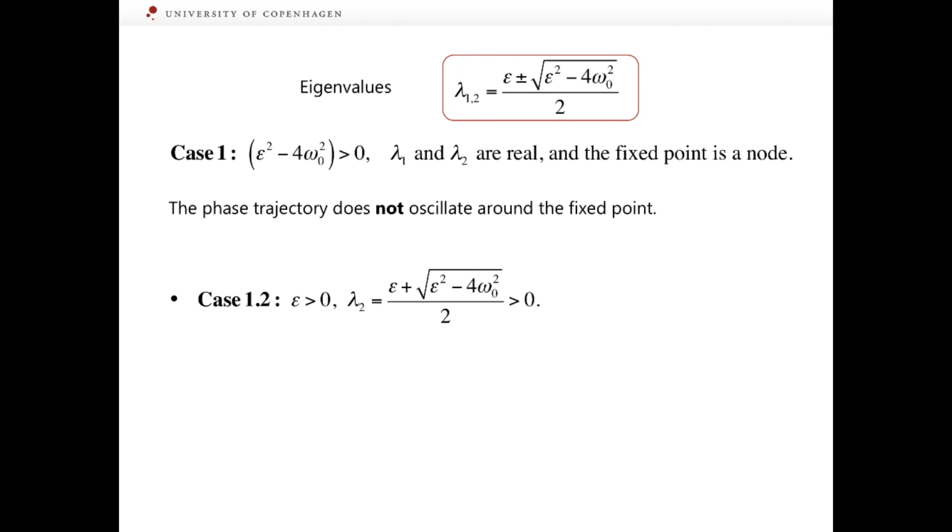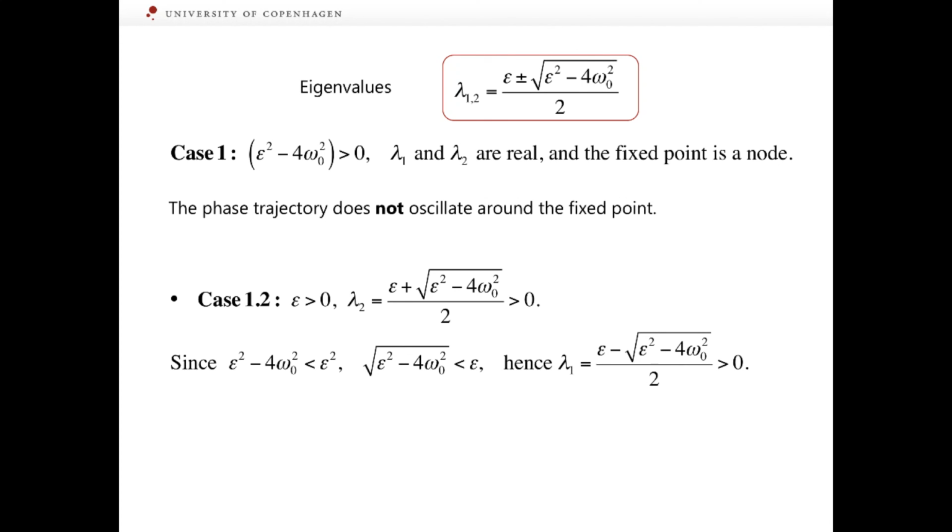If you look at the formula at the top of this slide, to form the first eigenvalue, we need to take epsilon, which is positive, and to subtract the square root, which is positive. A difference between two positive numbers can be positive or negative, so it is not obvious.